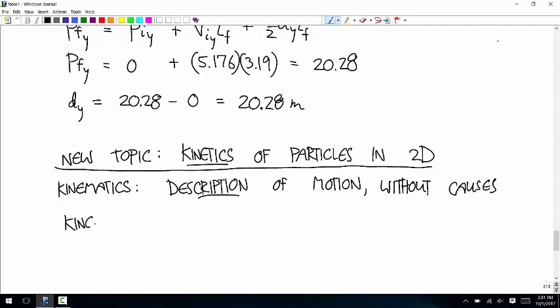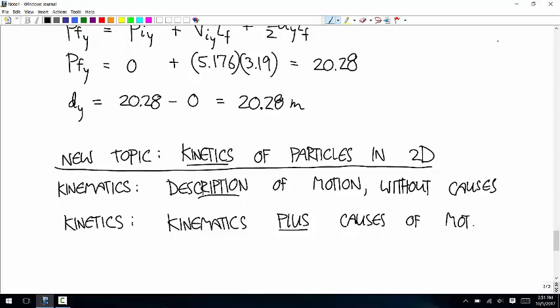Kinetics: kinematics is still part of kinetics, but now we're going to add causes of the motion. That's stuff you can't figure out from just watching a videotape.